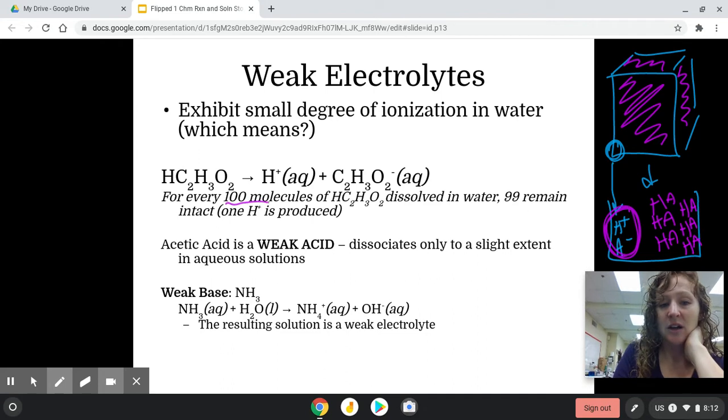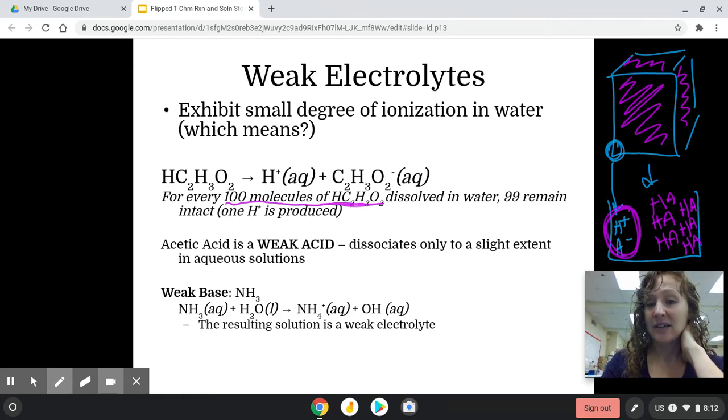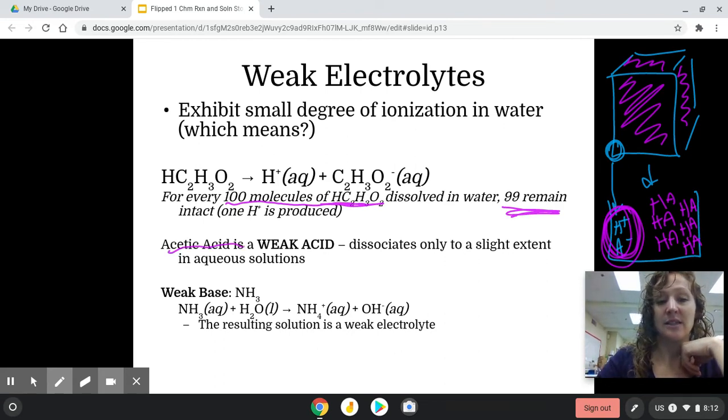So for every 100 molecules of acetic acid that you put into your beaker, 99 remain intact as molecules. Only 1 out of that 100 is actually going to produce your hydrogen and then your anion. This means acetic acid is a weak acid.